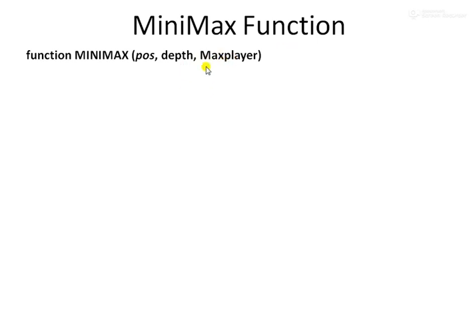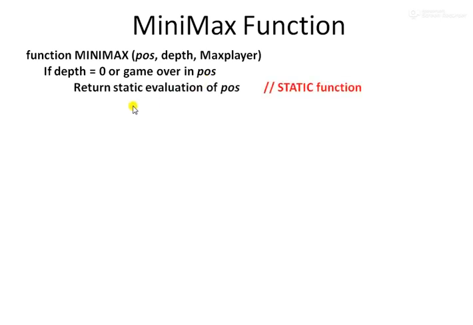So initially it is for Max, so Max is true initially. If depth is 0, or we are at the ground level, that means in a leaf, then definitely we'll have to return the static evaluation of that position.